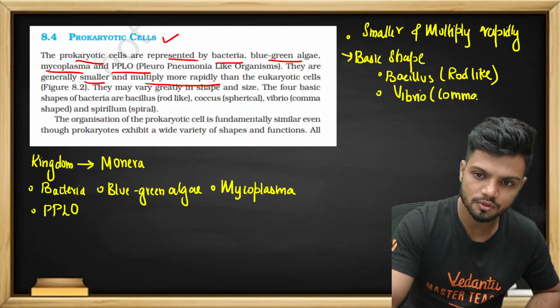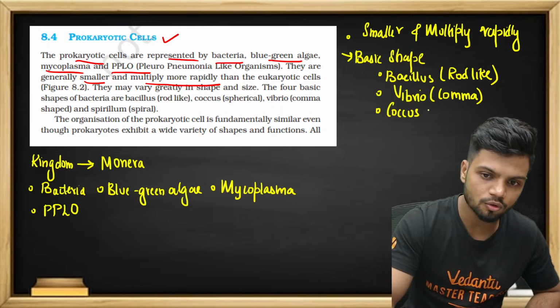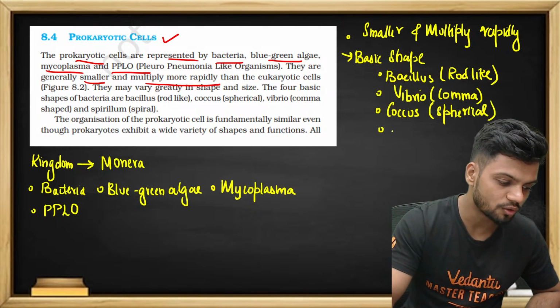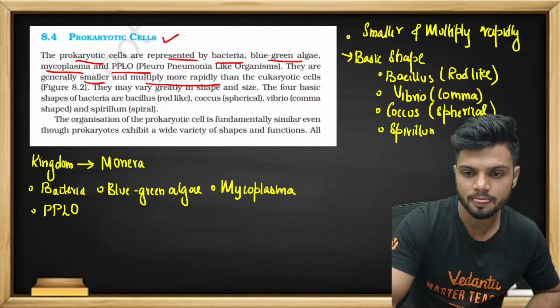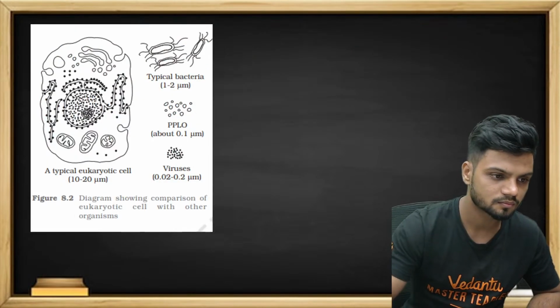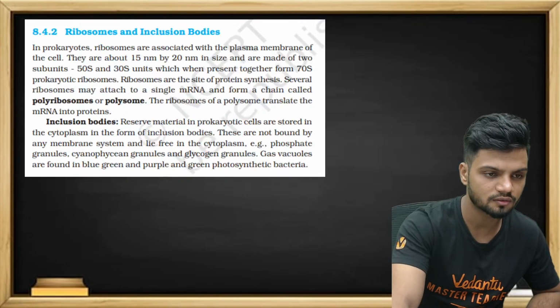Then we have coccus, which is nothing but spherical. Then we also have spirillum, which is basically spiral shape. Can you see this? These are the shapes. It's not given here, it's fine.